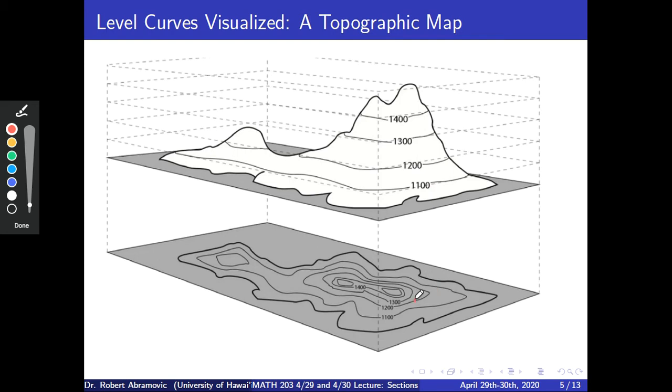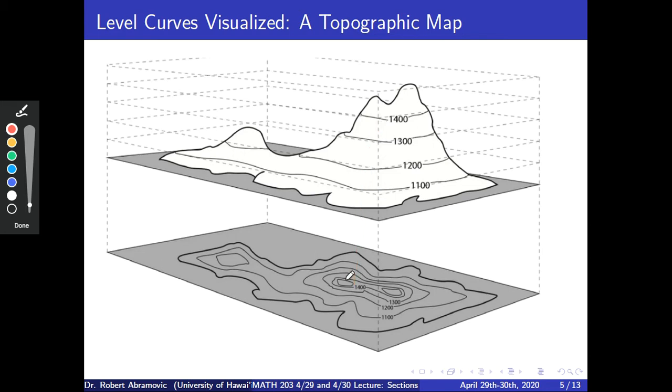Then here we get to 1200 feet above sea level, so we're in an even narrower region that is 1200 feet above sea level. We go further in, closer to the top of the mountain, and now we're at 1,300 feet above sea level. We keep going further in, and now we're at, say, 1,400 feet.